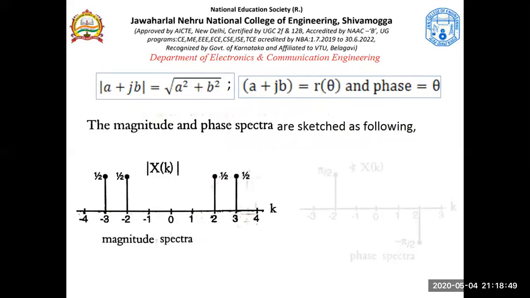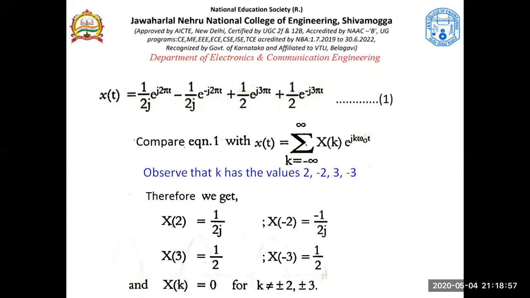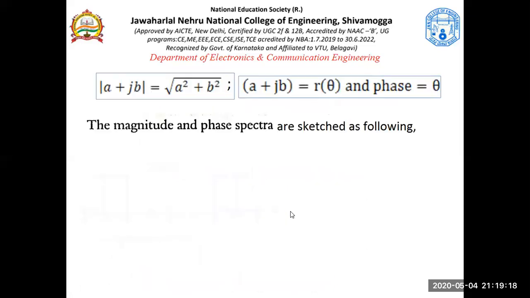But if you take the phase spectra, x of minus 3 and x of 3 have got no phase because they are real terms. So phase is only there with this. How to identify phase? Convert this number into r theta form, and theta would give you the phase. That is what we have drawn.